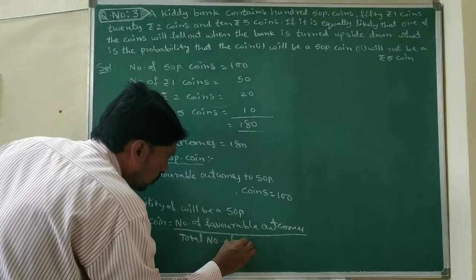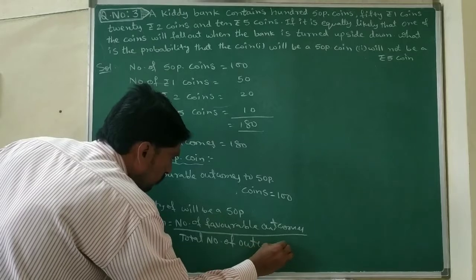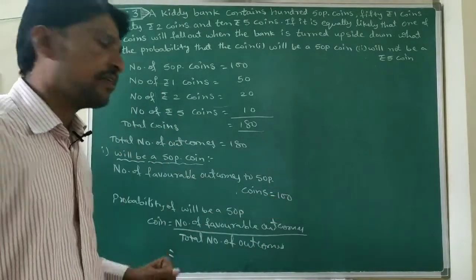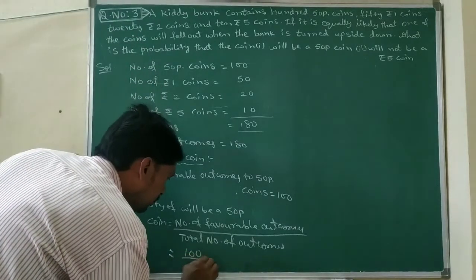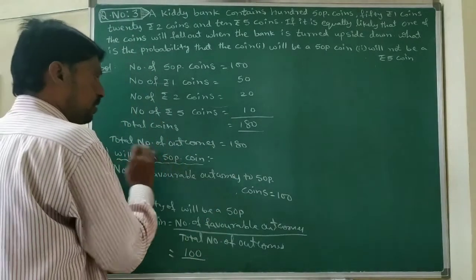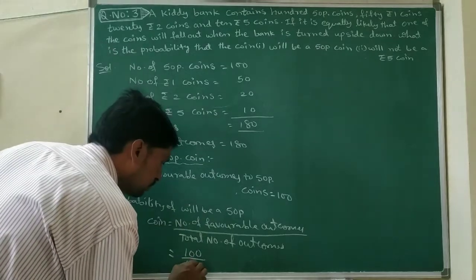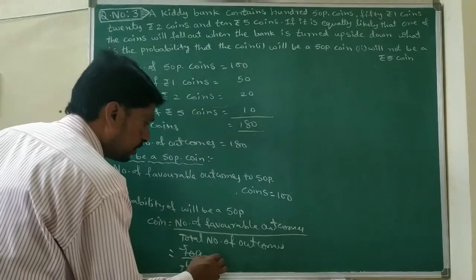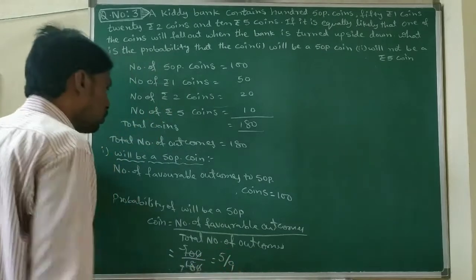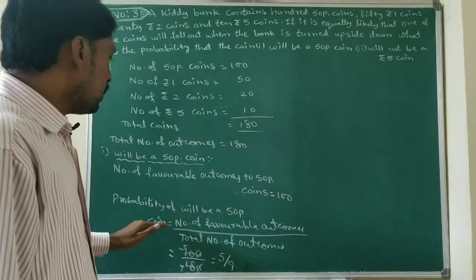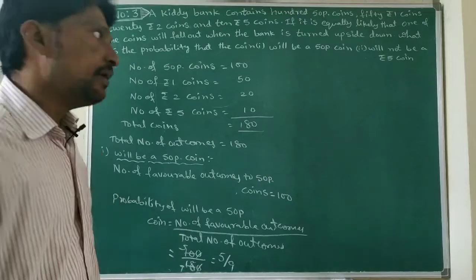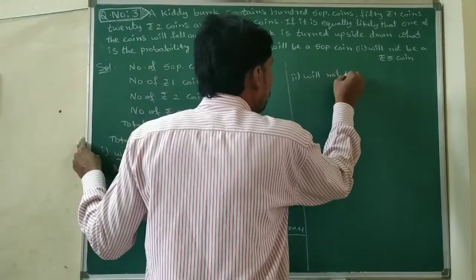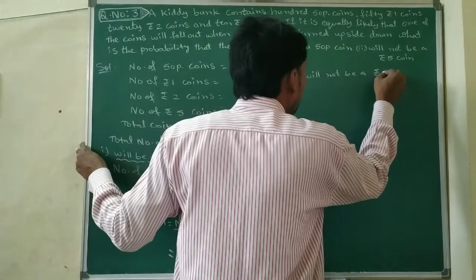How many favorable outcomes did we get here? That is 100, 100 by total number of outcomes, we got 180. The zeros get cancelled. 2 fives are 10, 2 nines are 18. That equals 5 by 9. So probability of will be a 50 paise coin we got 5 by 9. Next, second one, that is will not be a rupee 5 coin.